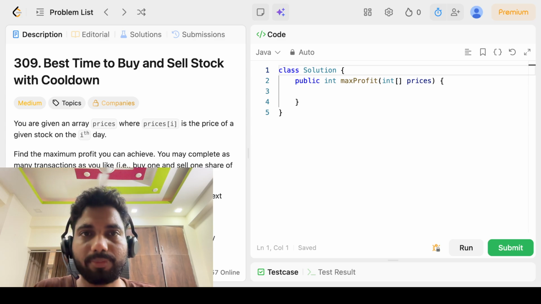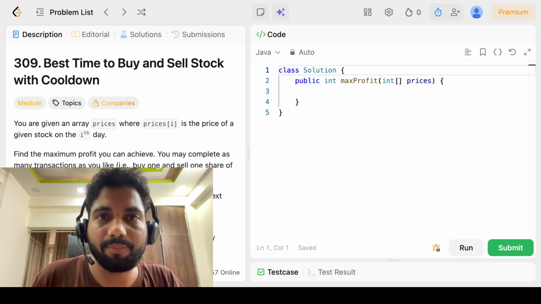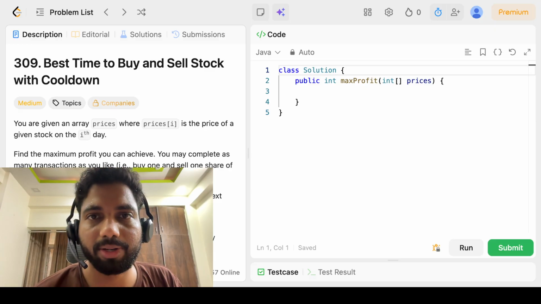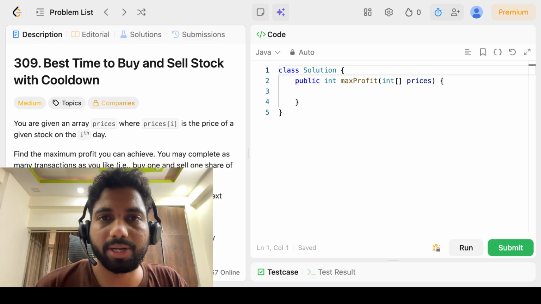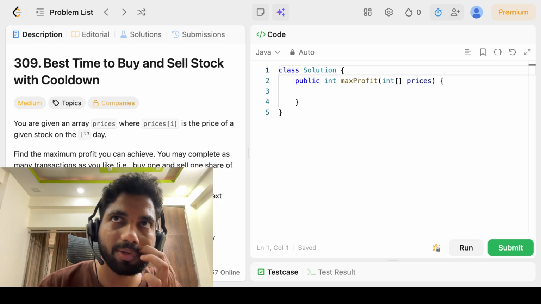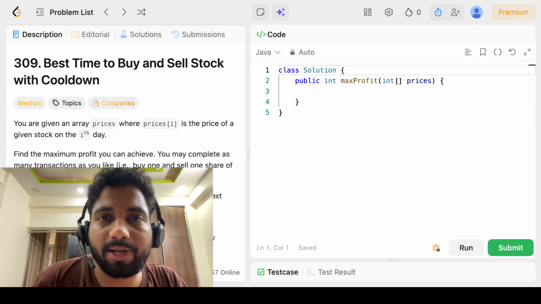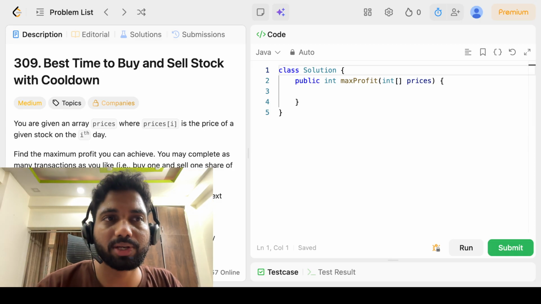Hello, hi. So this is the third variant of the Best Time to Buy and Sell Stock problem on LeetCode. In the last video, I solved the second variant of this problem, where I told you the intuition about it.